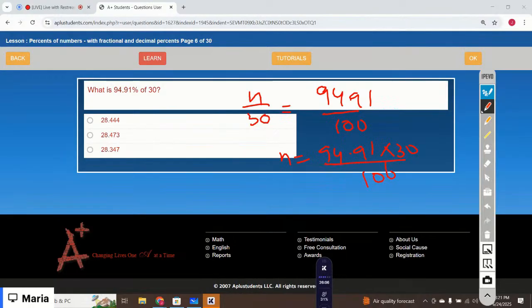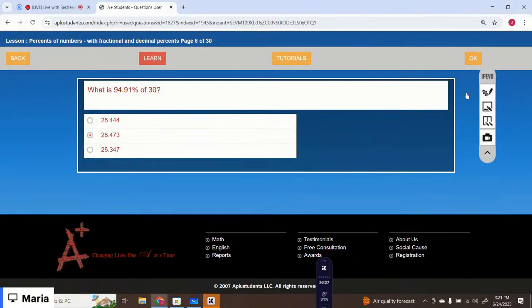So 94.91 times 30 over 100, that is 28.47. Option number two is the correct option.